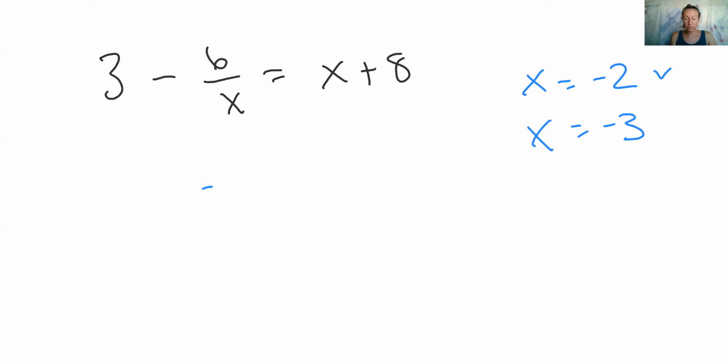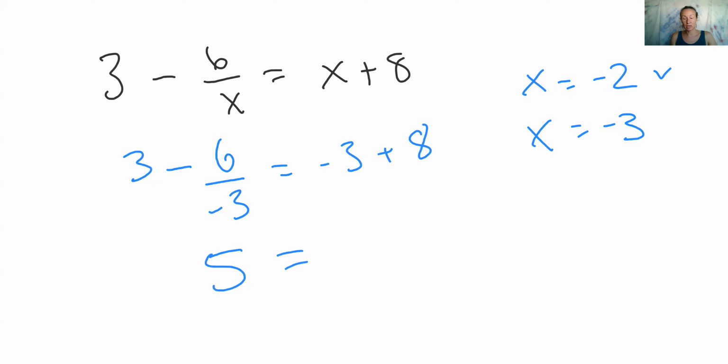And our -3 should also work, because it doesn't cause our denominator to equal 0. So we've got 3 minus 6 over -3 equals -3 plus 8. So this is going to be a 3 plus 2, which is a 5. And this is -3 plus 8, which is also a 5. So yes, that second one works also.